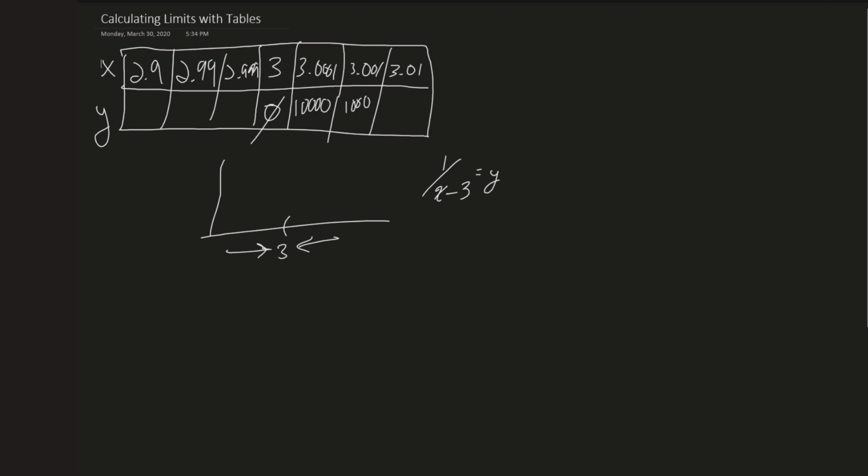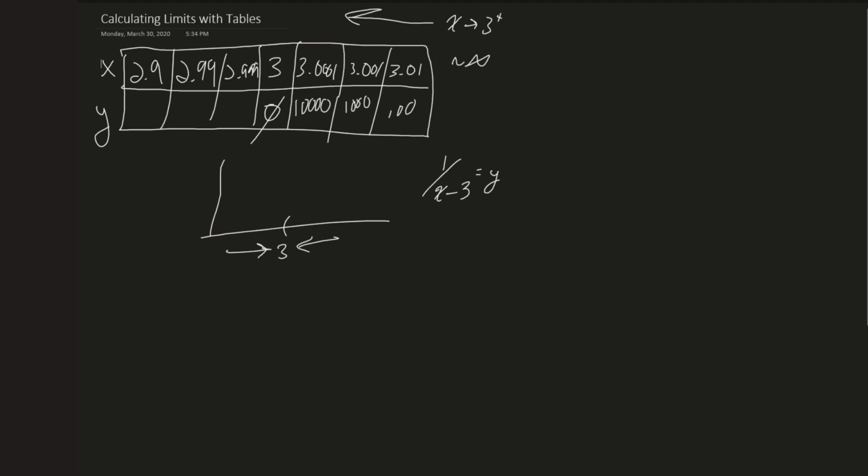And 3.01 might be something like 100. Now looking at this, we can already see that as our x approaches 3 from the right-hand side, it appears to be getting towards some really, really big number. So we can conjecture that it's probably going towards infinity, as it would be in 1 over x minus 3.